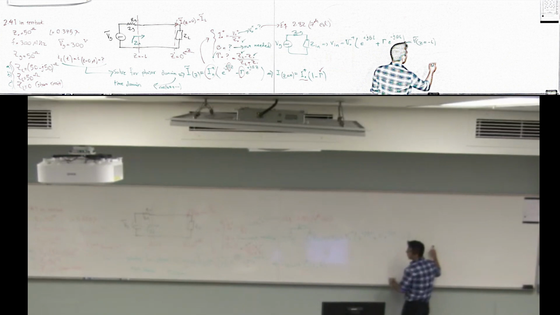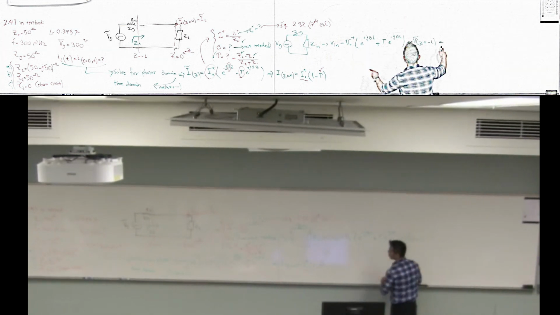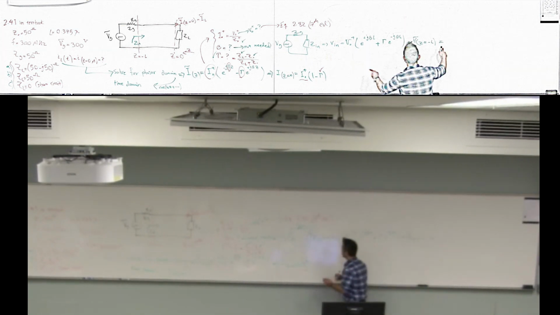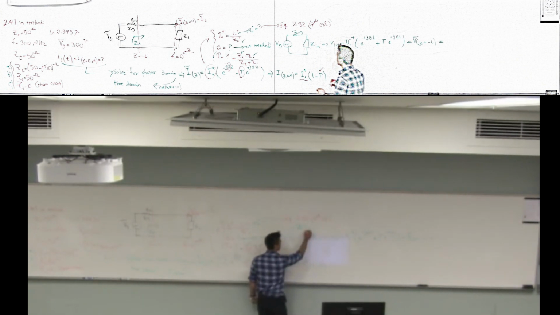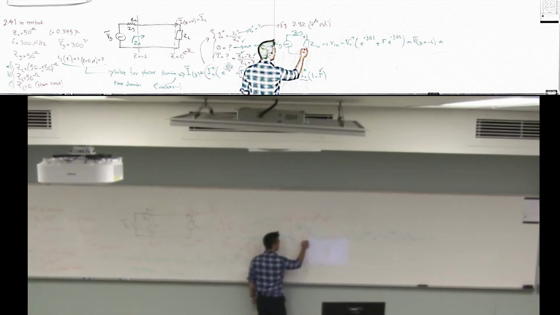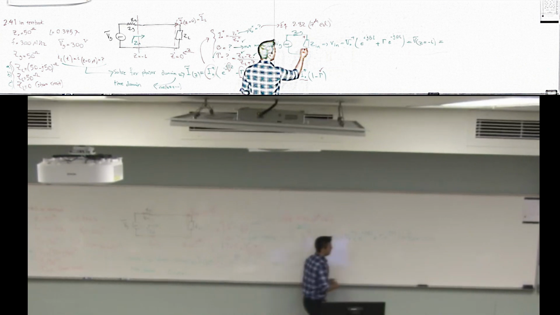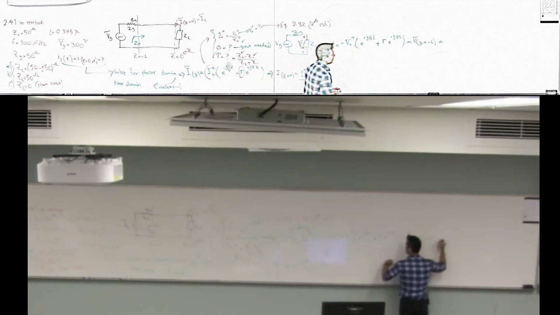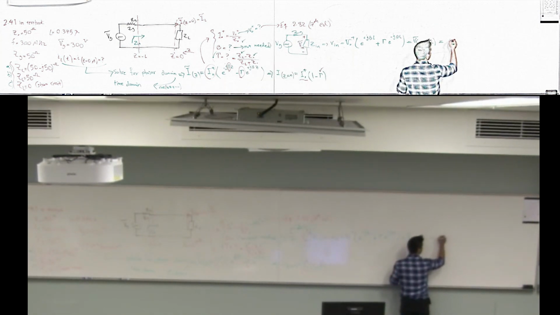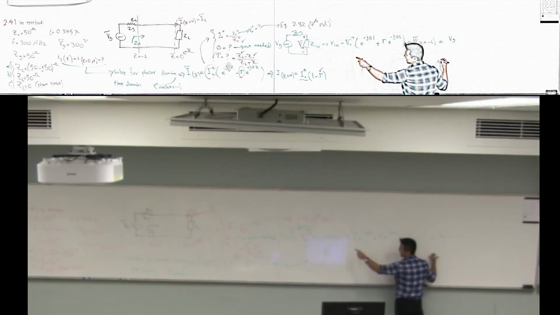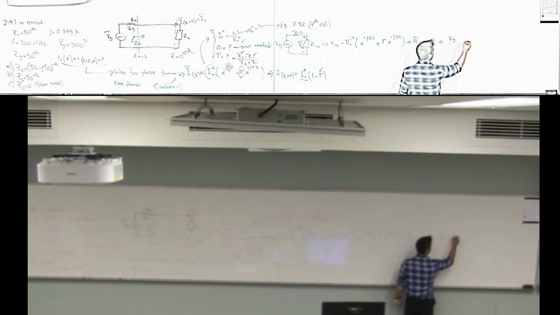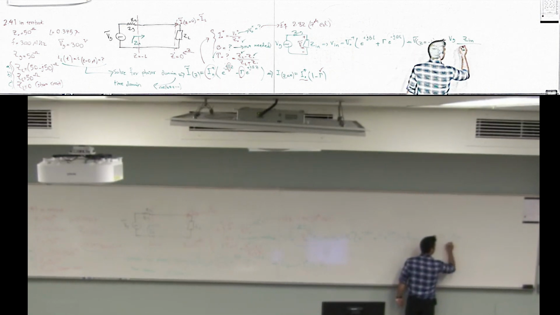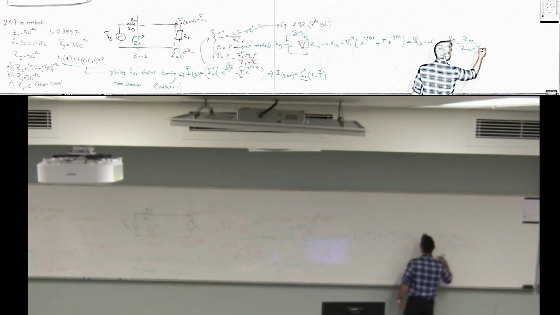Now, at the same time, this is equal to, this is Vn. A simple voltage division between the source impedance and the input impedance. So this is going to be Vg times Zn divided by Zn plus Zg.